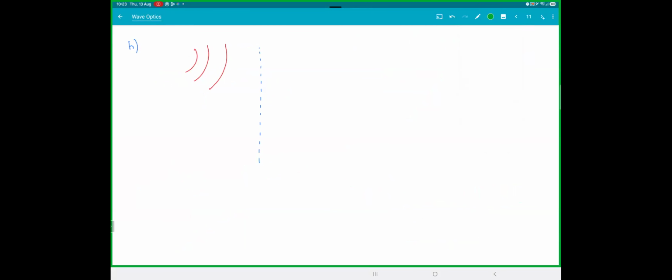So you sent these wavefronts. They hit something here. We don't know what is there. But after hitting here, they become like this. So then the last question is this. What is placed here? Options will be convex mirror, convex lens, biconvex lens, and biconcave lens and all that stuff.